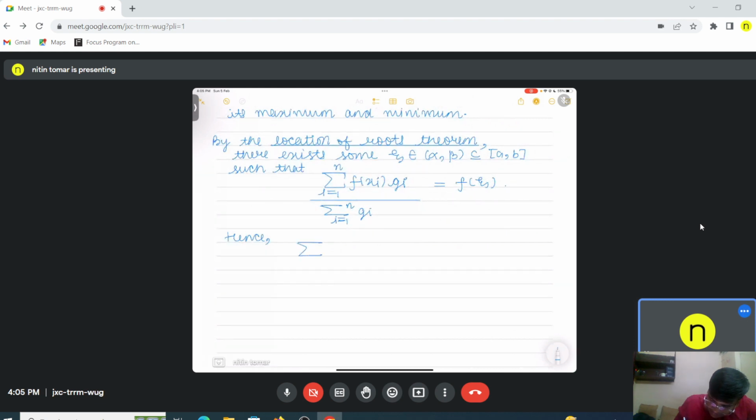Hence, this summation i going from 1 to n f of xi gi is f of xi times gi.